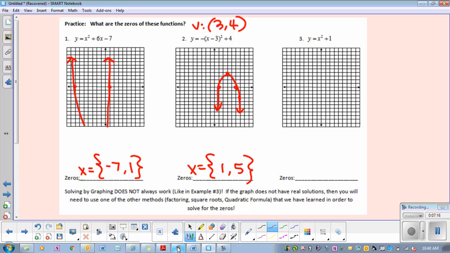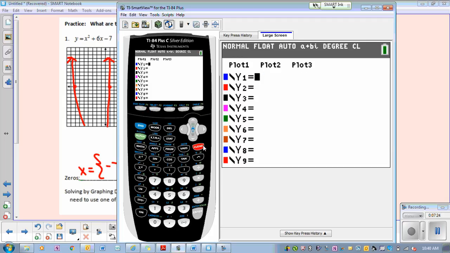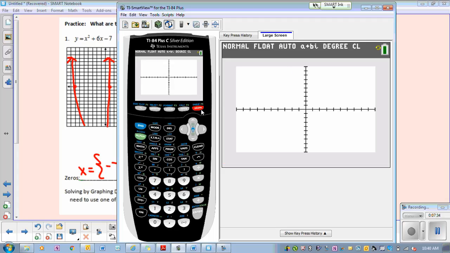Now, let's graph number 3. x squared plus 1. All right? When you graph this, look at it. Where does it cross through or touch the x-axis? It doesn't.